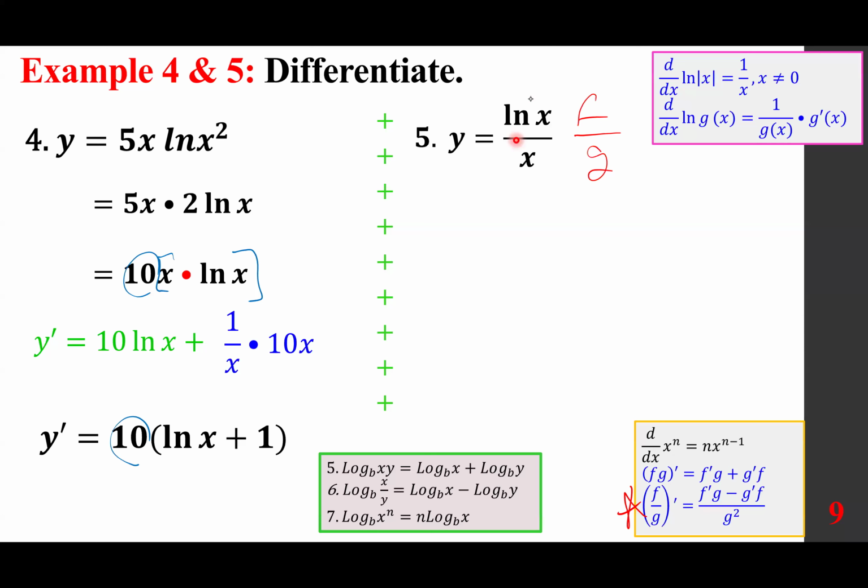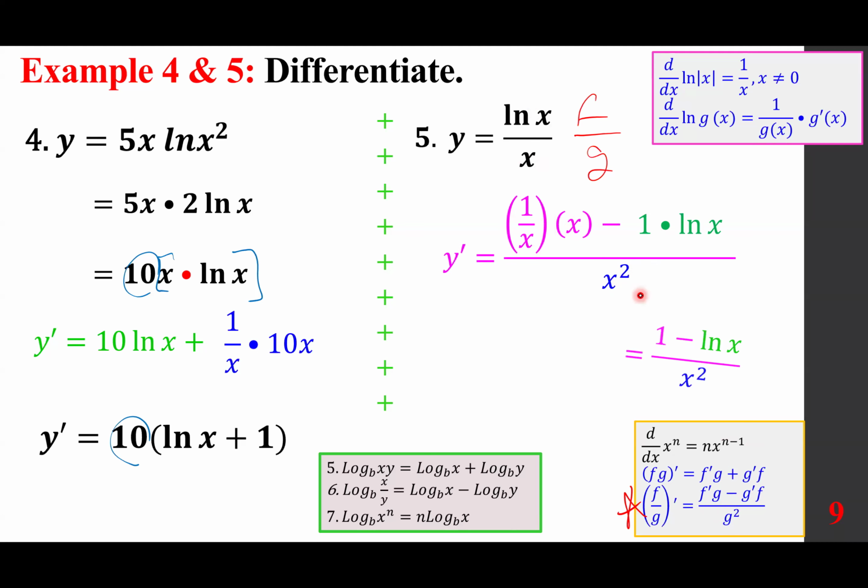F prime of ln x gives you 1 over x times g, which is x, minus g prime, 1, times f, so 1 times ln x, over g squared, x squared. That's it. This is the calculus part. Now, of course, there's really not much you have to do. The product of these two is just 1 minus ln x over x squared, and you're done.